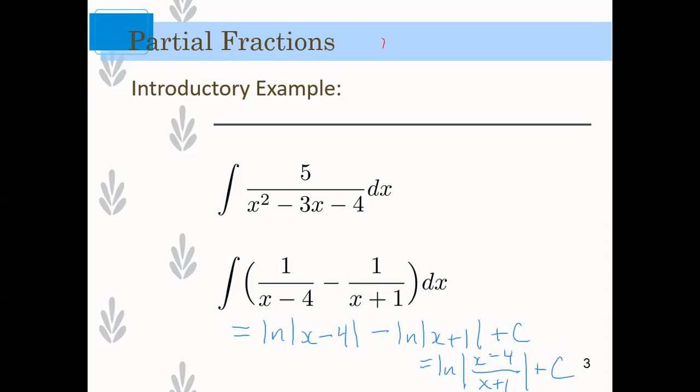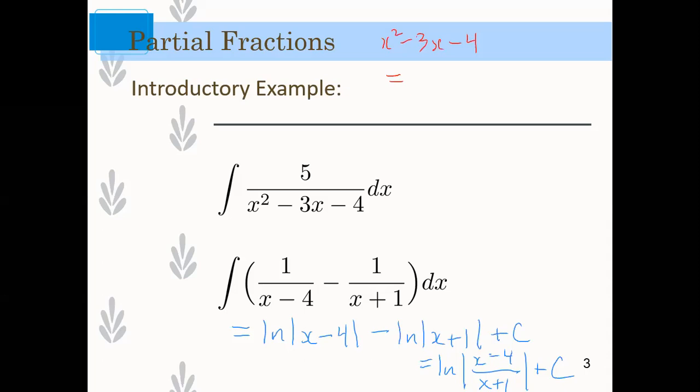So let's do some work up here. x squared minus 3x minus 4. Do you guys remember how to complete the square? Divide the x term by 2, which in this case is fairly nasty. That's negative 3 halves. And then add and subtract the square of that.